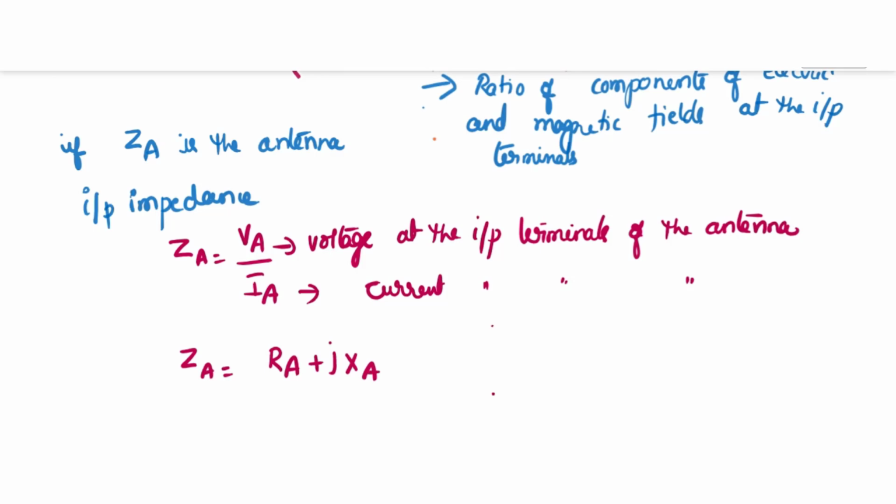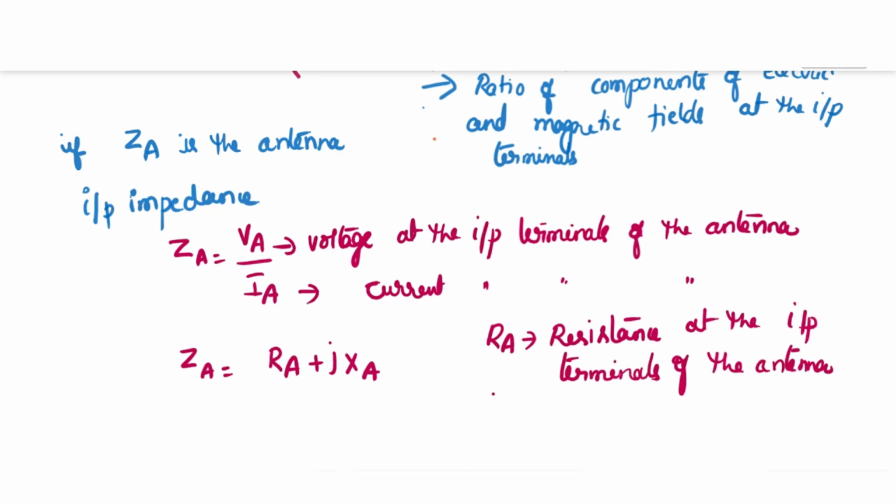What is RA here? What is ZA? Input impedance, antenna input impedance. RA is the resistance at the input terminals of the antenna. What is XA? Reactance at the input terminals of the antenna.